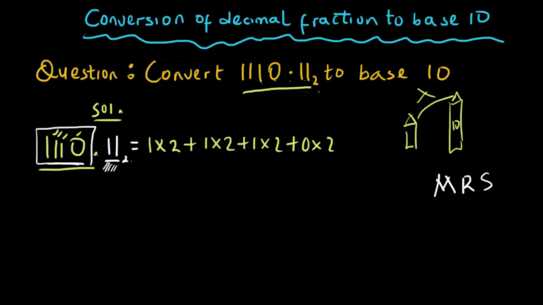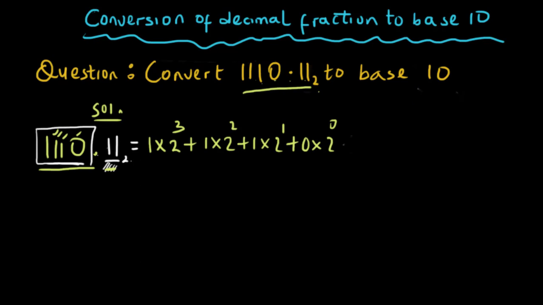Do you understand? Now we rank as we used to rank. So we have 0, 1, 2, 3. Now let's treat the fractional part. So we continue. So we have plus 1 times 2 plus 1 times 2. That's the fractional part.